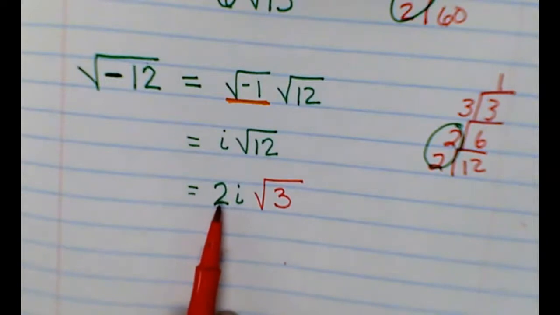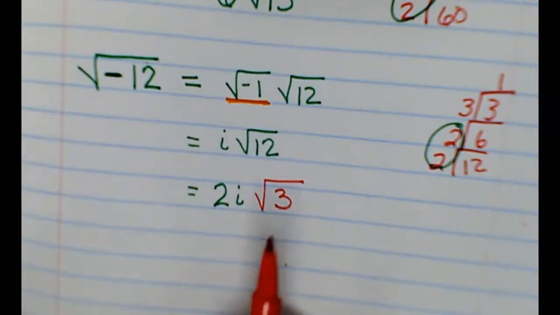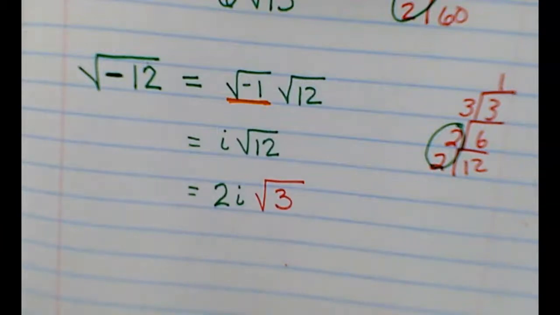The perfect square, then the i, and then the radical. I wouldn't count it wrong if you put the i before the 2, but this is considered the usual form.